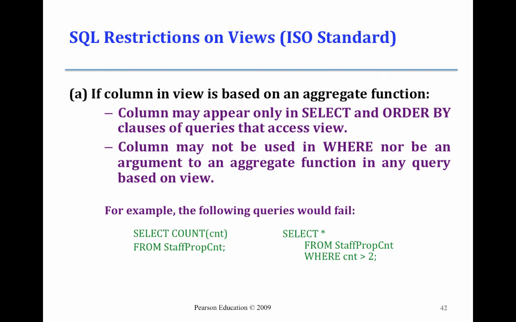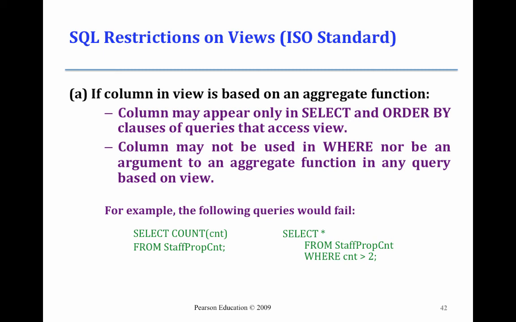So the ISO standard codifies these restrictions as follows. First of all, it says if a column in a view is based on an aggregate function, which is the third type of view we discussed, then the column may appear only in the select and order by clauses of queries that access the view.